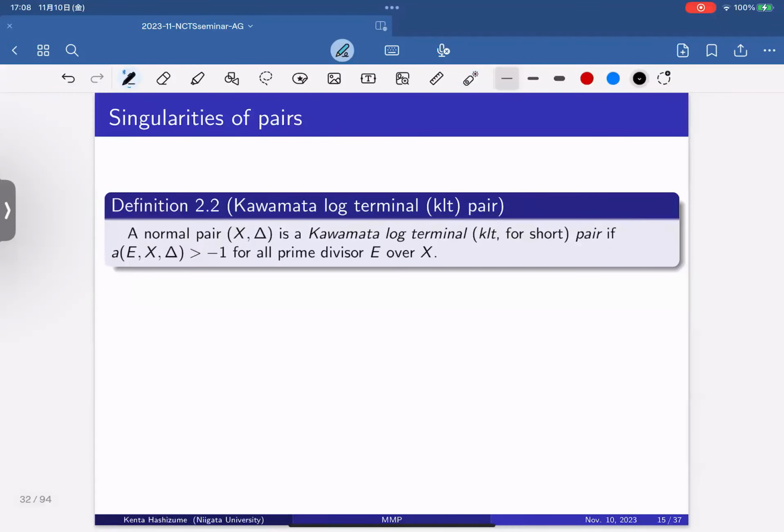By using the discrepancies, we can define Kawamata log terminal pairs and log canonical pairs.